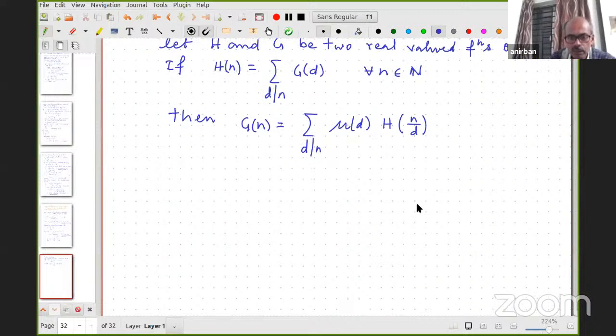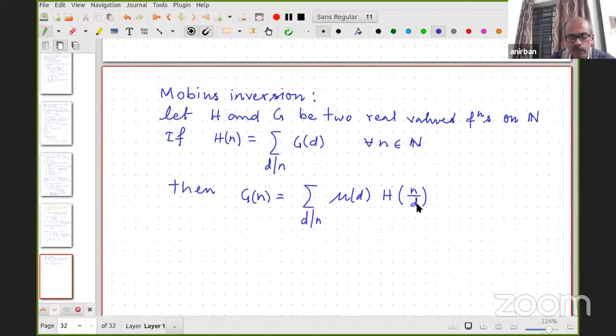This is what is called the Mobius inversion formula. It's actually an inversion. If one such function on natural numbers is a divisor sum of the other function, then that function also can be expressed as a divisor sum of the first function. So it's both ways.